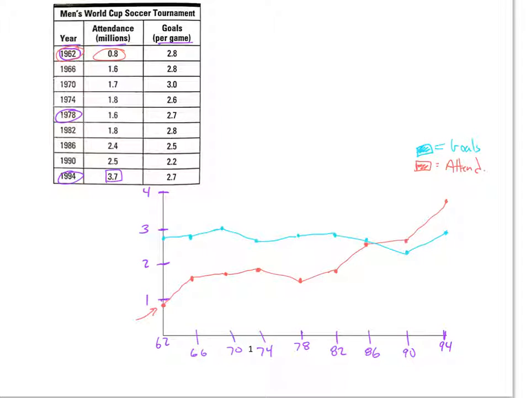We could say, as we got more people here, they actually scored more goals a lot of times when they had more people. Or as the number of goals dropped, did anything happen to attendance? I don't know, maybe nothing happened. Maybe they are just independent of each other. But that's how you can see two types of things. Technically it's just called a line graph, but there are two lines on this one because we have two sets of data.